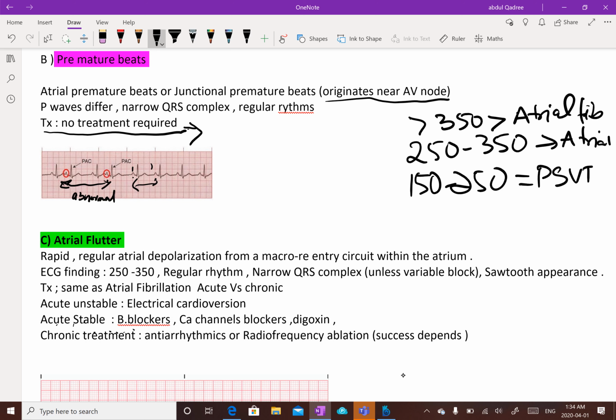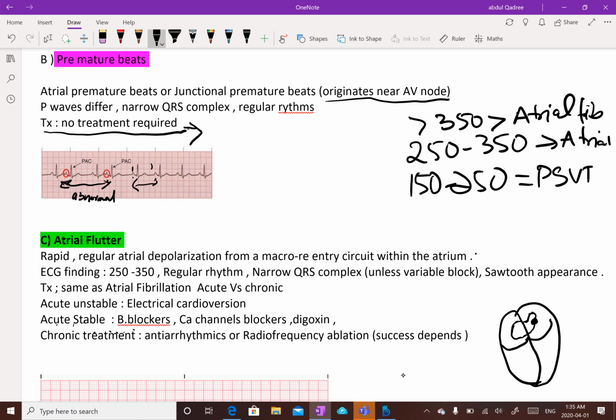Atrial flutter is a rapid, regular atrial depolarization from a macro re-entry circuit within the atrium. It means there's some sort of, let's say, I draw this for you guys, an ectopic focus causing a re-entry that sends an electrical impulse to the atria, and it causes the atria to start conducting impulses through an abnormal pathway, leading to the rapid heart rate, circling back on its own and causing atrial depolarization.